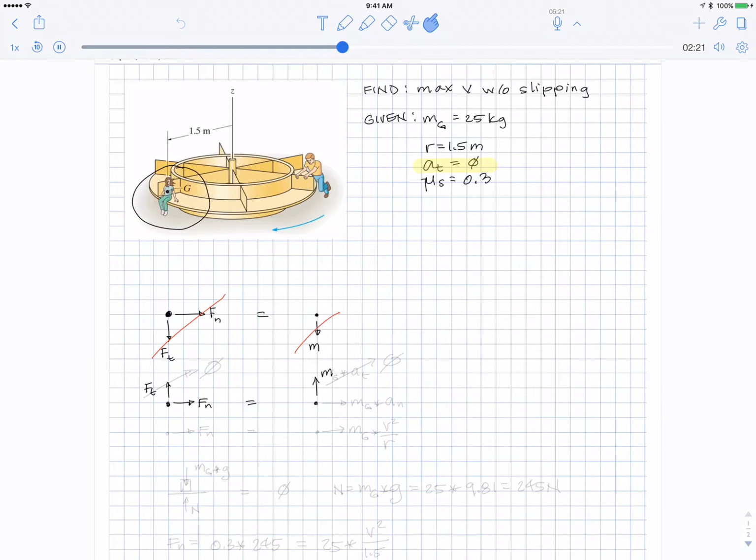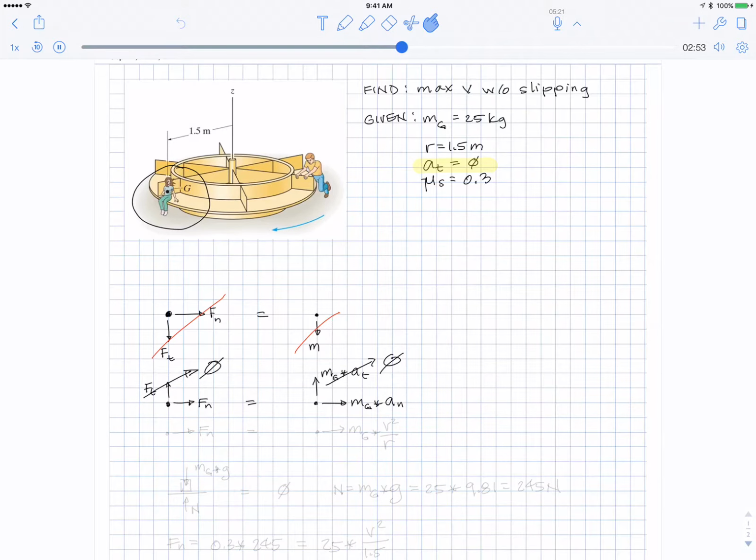The mass of the girl times A in the tangent, and the mass of the girl times A in the normal. We are given that a tangent was 0, so that was 0. And very quickly, if you just look at the picture, if the tangent acceleration is 0, the tangent force is 0.